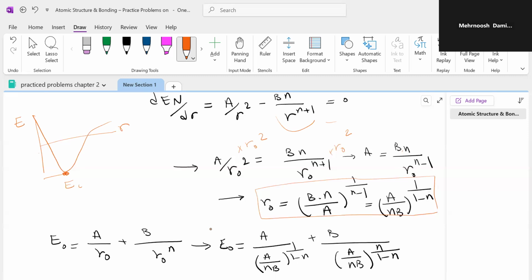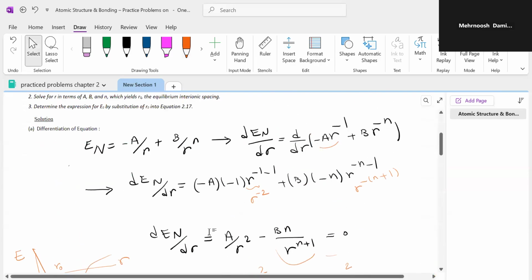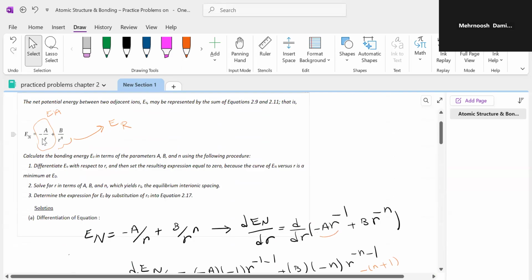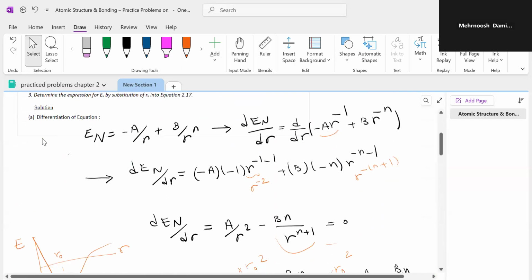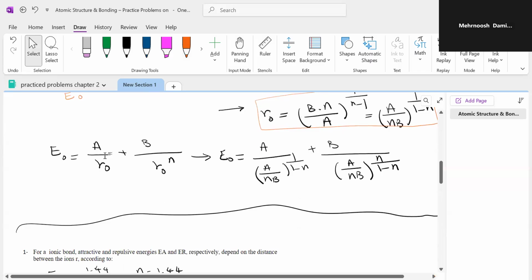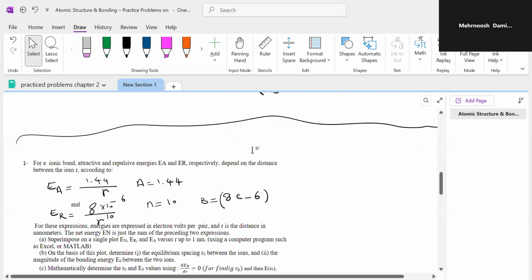So we consider this E as the bonding energy, and the R at which we reach E naught is R naught. So we are looking for this E naught, and we find R naught, and then substitute this R naught in the above equations that we had here, and we find E at that distance, which we name E naught. Okay, so that proves the equation, and this is the equation that we want to use.